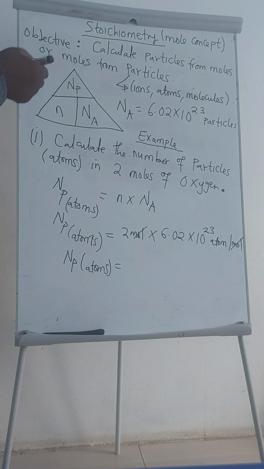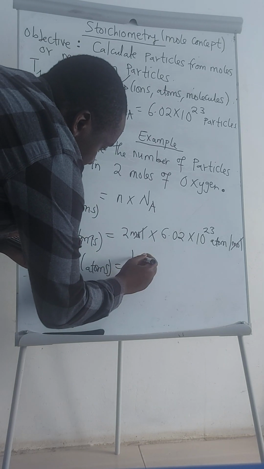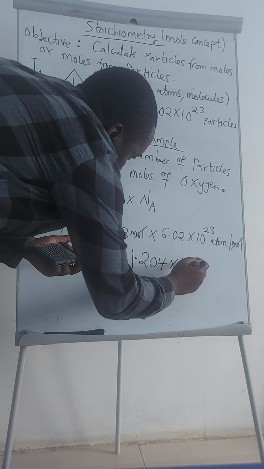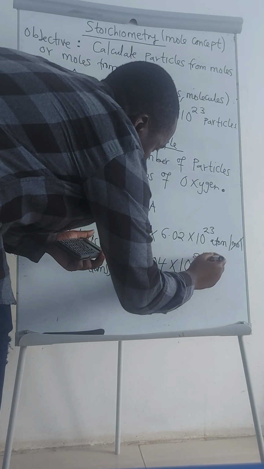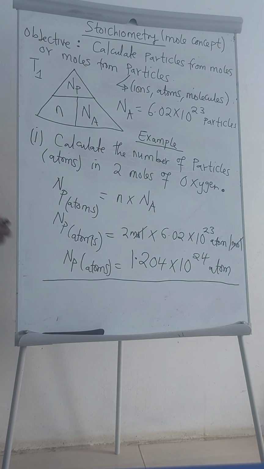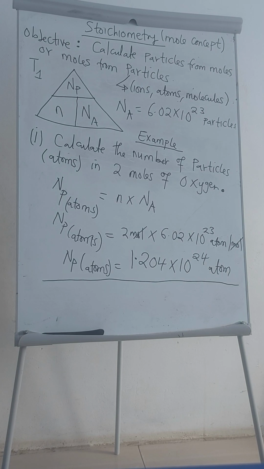We have 1.204 times 10 to the power 24 atoms. So we've achieved our objective, which is to calculate the number of particles, that is atoms, in 2 moles of oxygen.